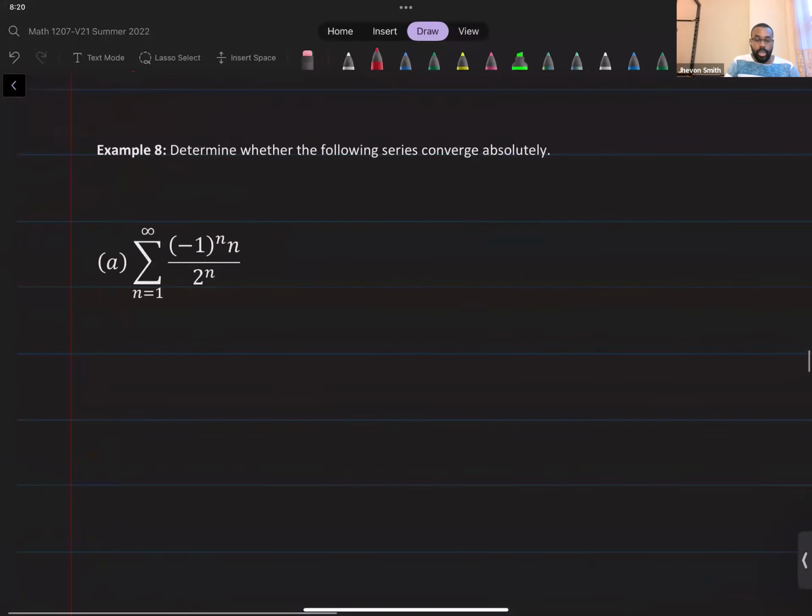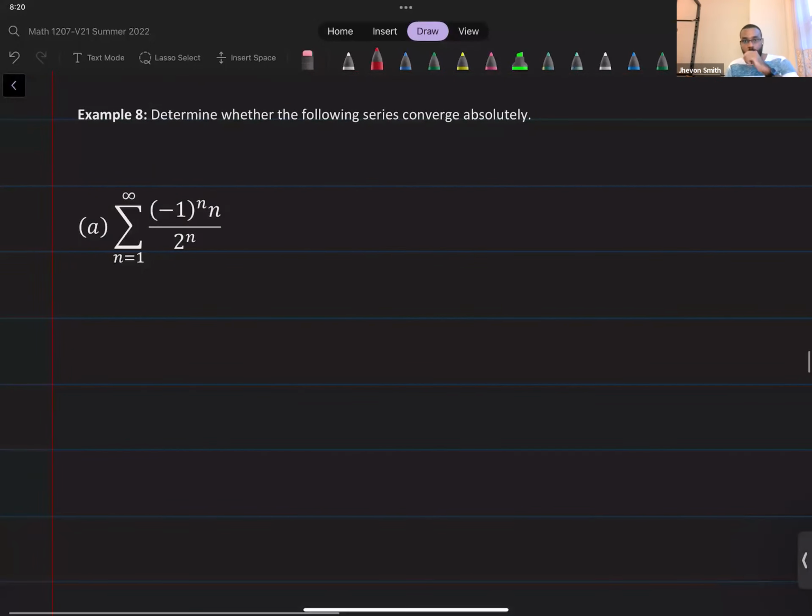So when you see something like here, this guy is n over 2 to the n, and it's alternating. Now, the problem asks us to determine whether the series converges absolutely. Which means I would not use the alternating series test here, because it doesn't tell me about absolute convergence.